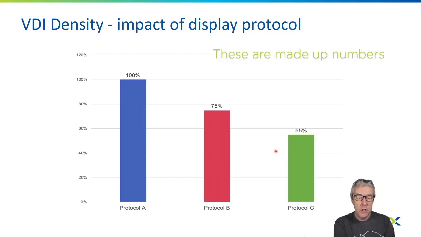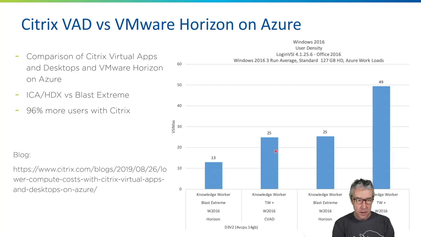So you cannot just say that ICA is better than BLAST. You cannot just say that ICA is better than RDP. I just said it, I think it is, but that's a different story. There are differences in where and when those protocols are being used. That being said, Citrix have released a blog article a while ago, talking about the difference of virtual apps and desktops compared to Horizon View.